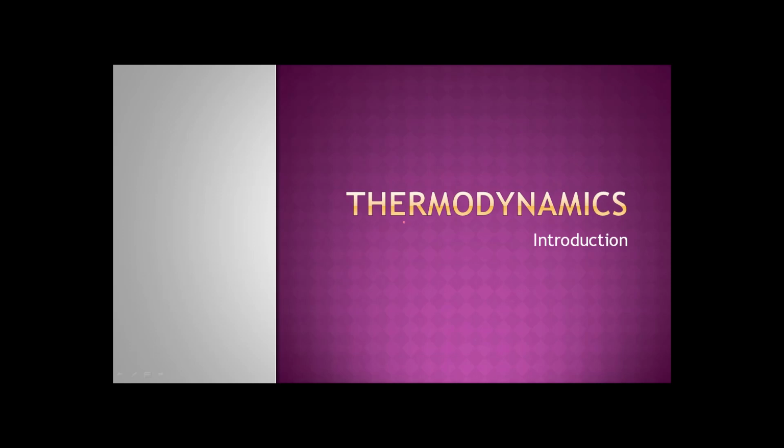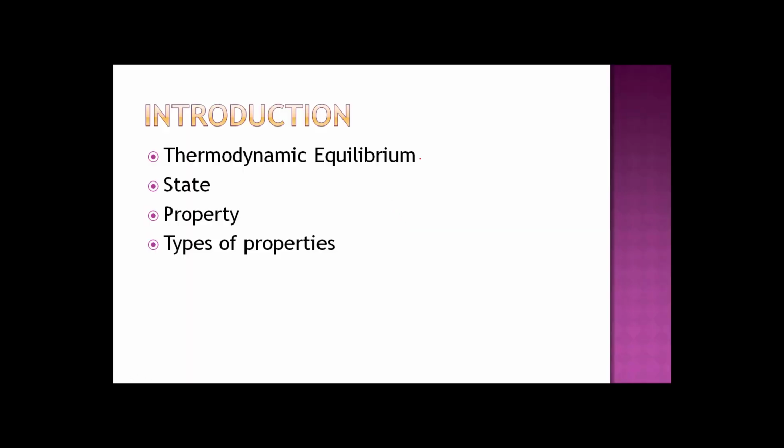In this video, we will be discussing thermodynamic equilibrium, the state of a system, the property of a system, and the different types of properties. So let us begin with thermodynamic equilibrium.